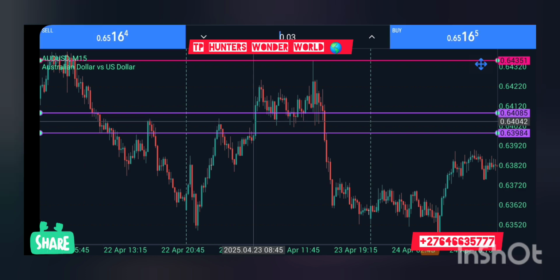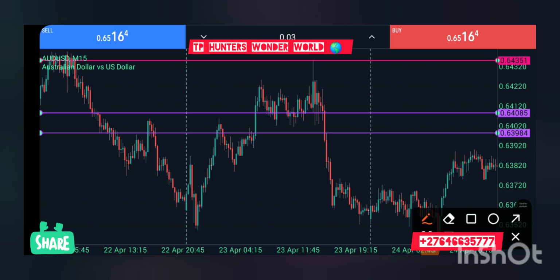A fair value gap is a gap between this small hammer candle, you see this small hammer candle, and this engulfing candle, the one after this big bearish candle.